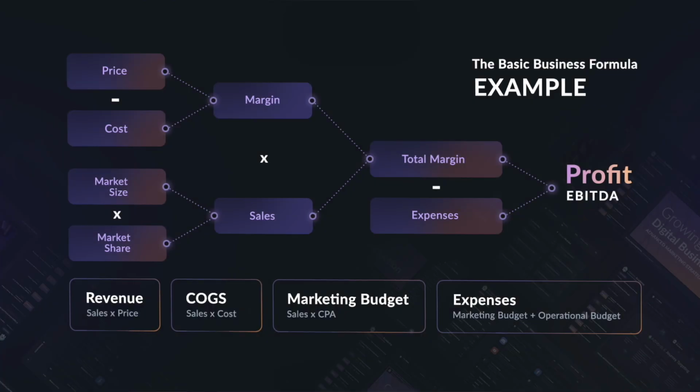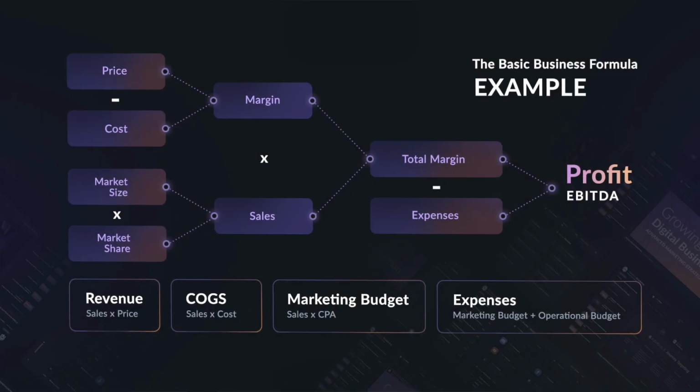The CPA, or the cost per acquisition, is basically a measure of your marketing efficiency, so you control that as well, and your expenses are literally your decision on who to hire, what office to get, or not to get an office at all, so that's completely in your control. So these 6 numbers control everything that happens in every business, and you as the business owner have control over them. Let's take a look at a quick example.